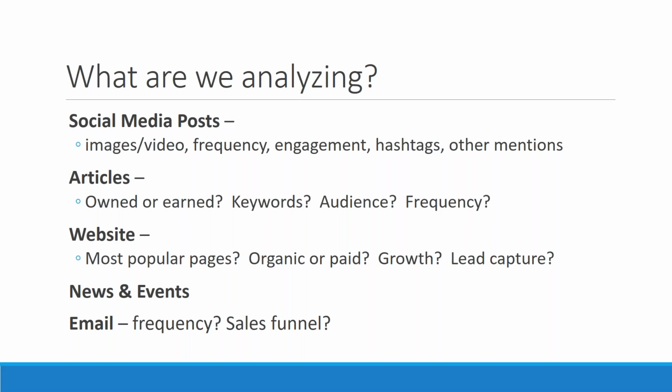Another important piece is their articles. Both owned and earned are important. So owned would be the articles that they're publishing on their own blog, on their own website, where they're completely controlling that content. It can tell you a lot about their strategy. It can tell you a lot about who they think their target audience is.